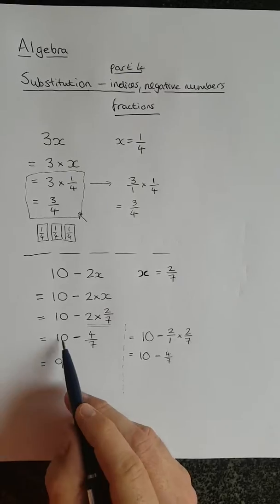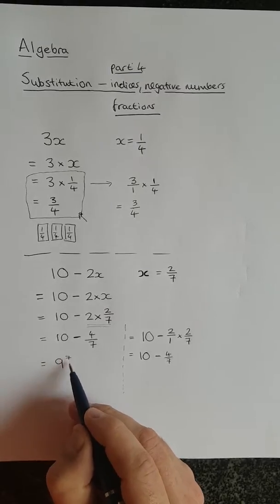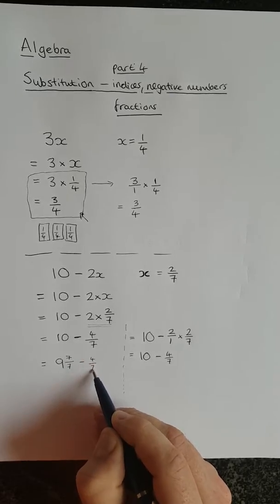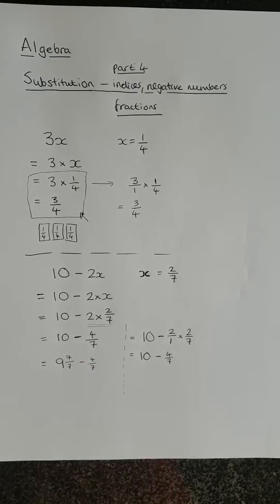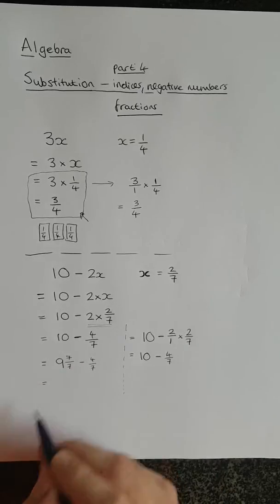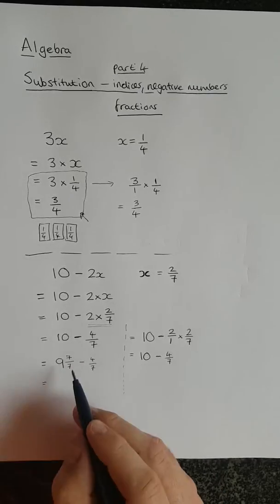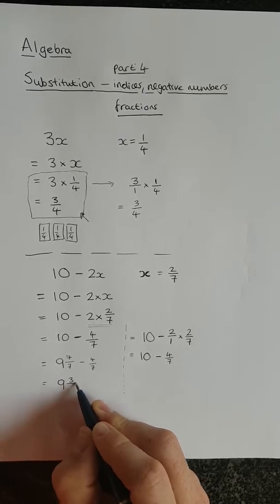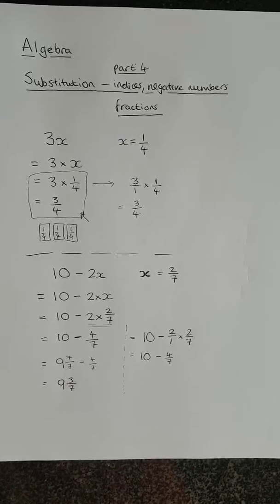Now the one that gets sliced up into sevenths originally gives me 7/7. So let's write that down like that for now. When I take away my 4/7 from that one that's chopped up, I've got 3/7 remaining.